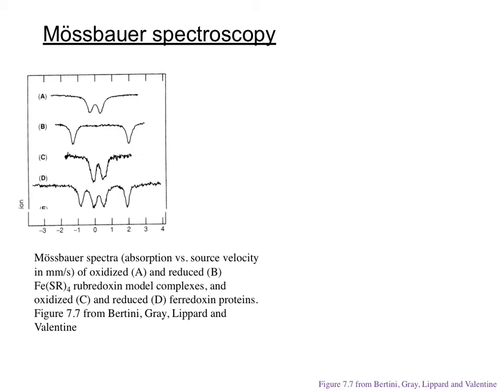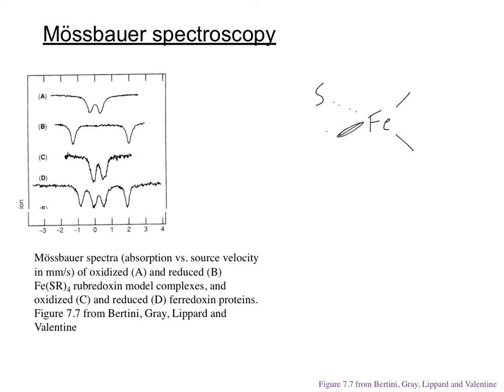So how is Mossbauer spectroscopy used in bioinorganic chemistry? Well, if you have an iron and you have a Mossbauer spectrometer, you're going to look at it. And so this example spectrum shows the absorption versus source velocity in oxidized and reduced rubidoxin model complexes. They were preparing model complexes in order to see if the proposed structure matched the spectroscopic data for the biological enzyme.